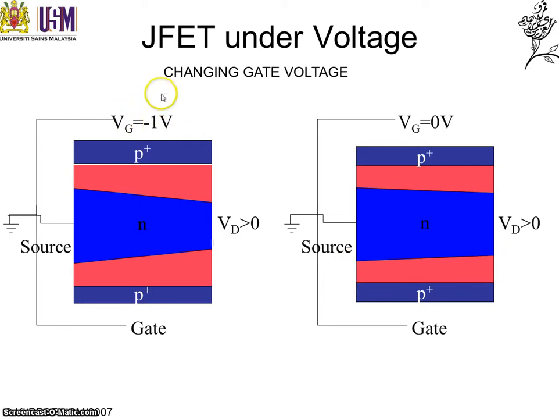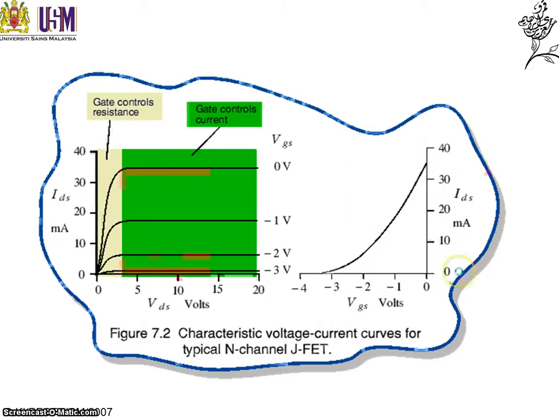But when you have -1, it is pinching off at an earlier stage. You can already see it is starting to pinch off. So this is what you call the gate control. You control the resistance that I was saying just now, so that pinch off occurs at a much earlier stage. Here, here, here.